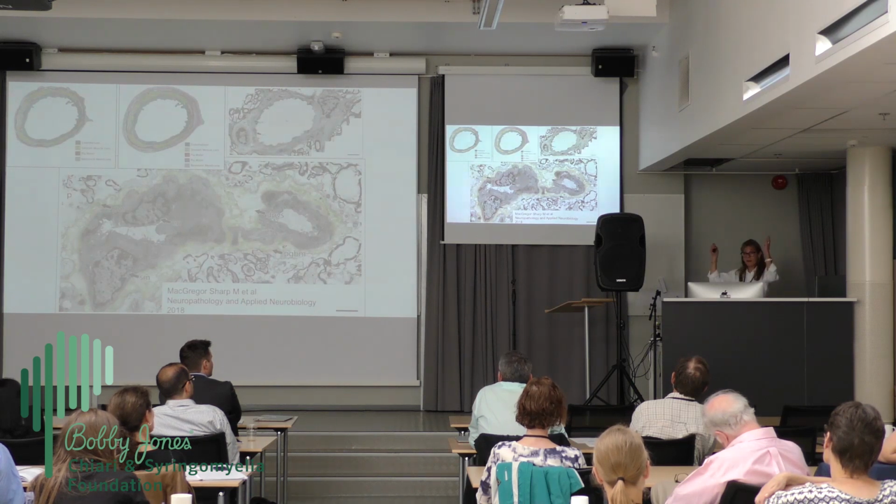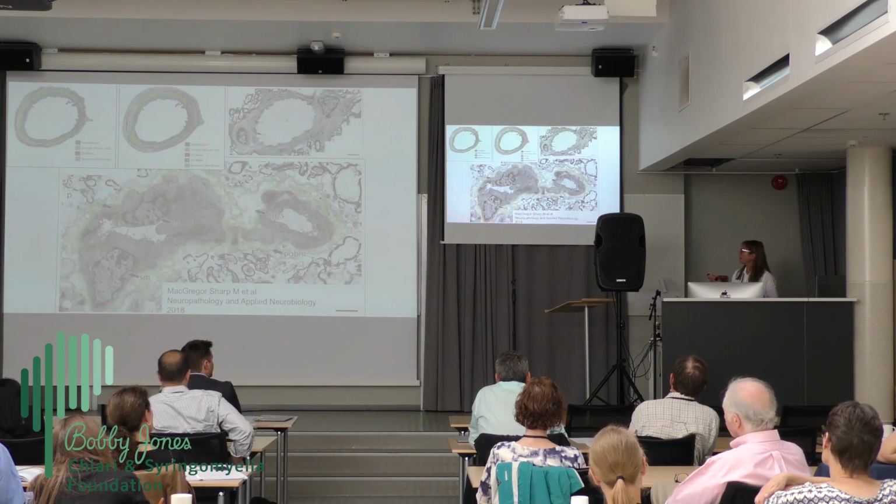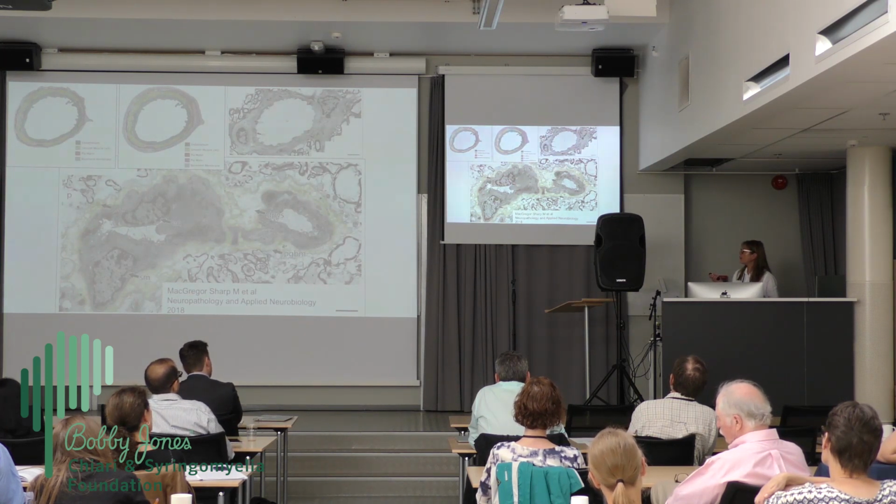So yes, it's porous material, but I don't want people to think that there are these gaping spaces alongside vessels. In the white matter abnormalities, the morphology of the arterial wall is very abnormal.